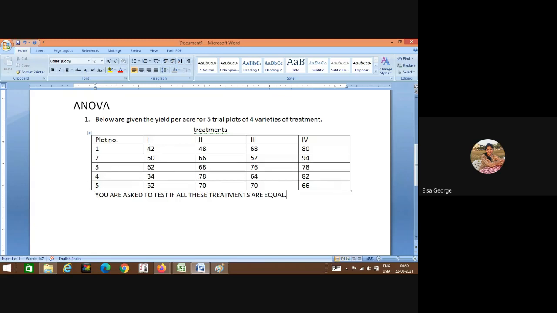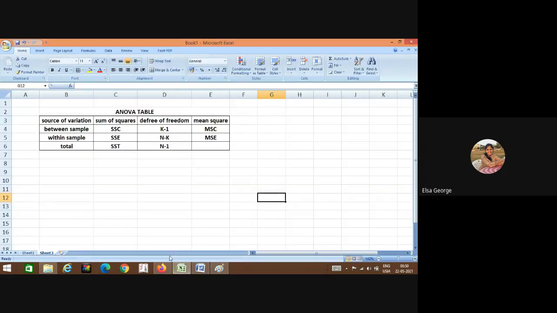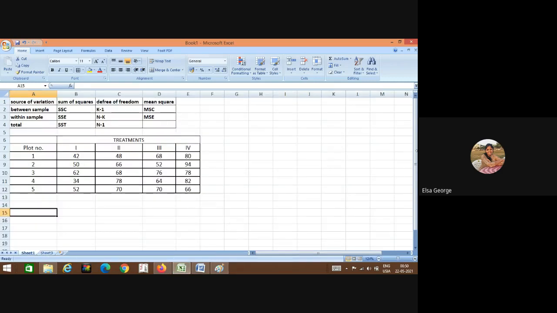So here we have data starting from 42 to 66, a lot of data, and for this data we have to calculate the total. I have already prepared this, so let us calculate T here.